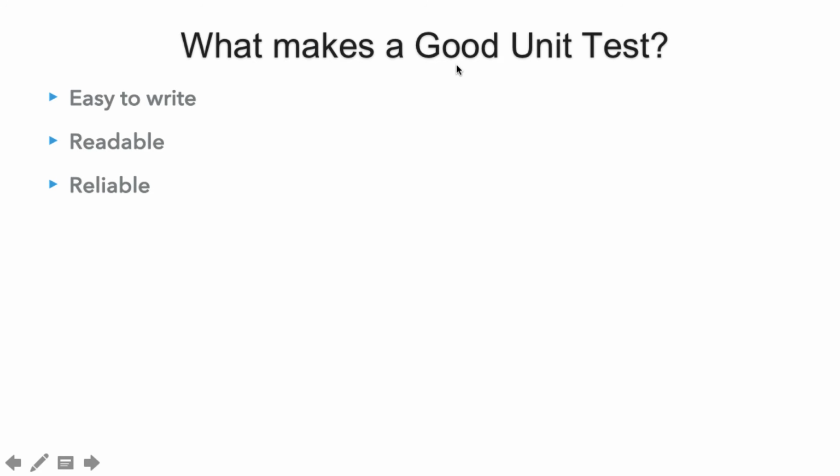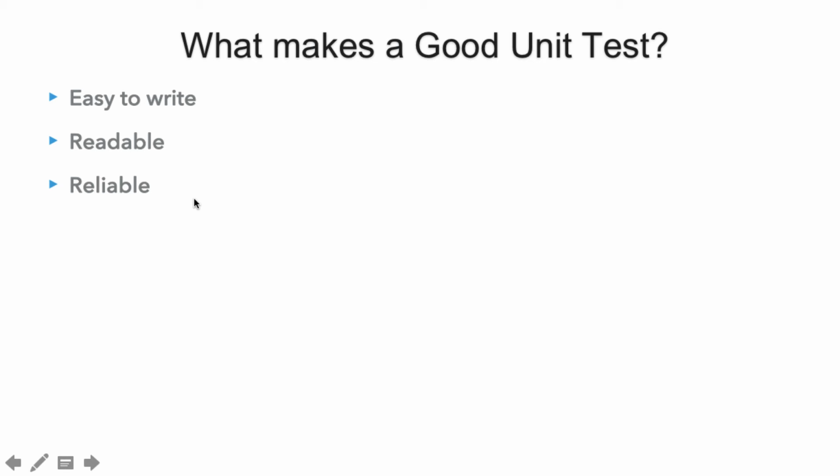The third thing which makes a good unit test is that it should be reliable. By reliability we mean that let's say we have written a few unit tests. Those unit tests shouldn't be dependent on each other or on the environment in which they are getting executed.